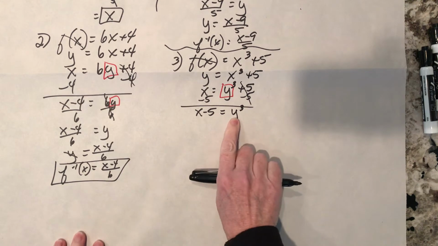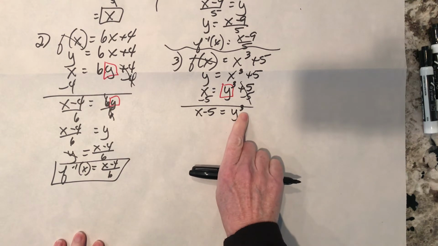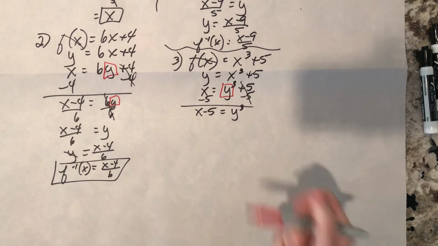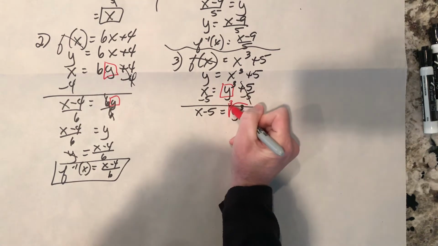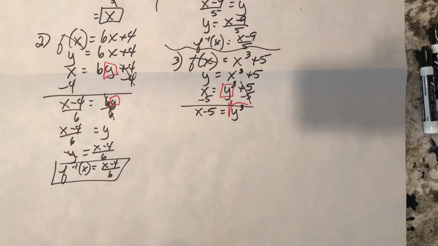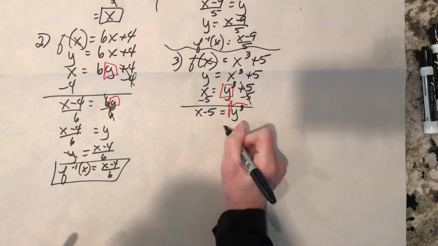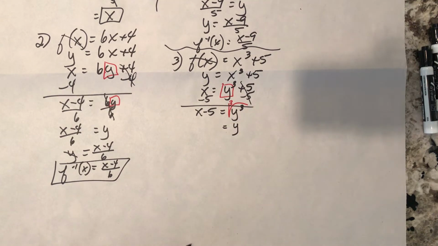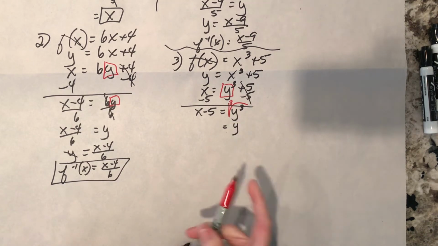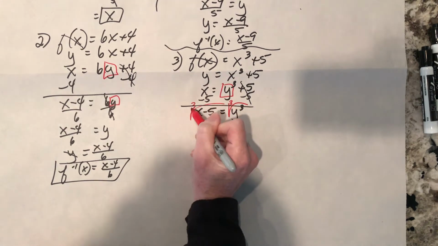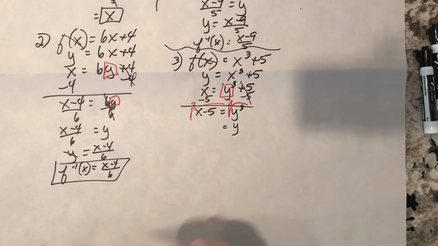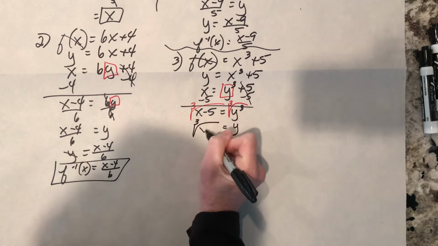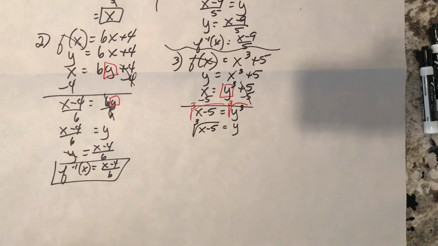And then if we want to solve for y, this is being cubed, we need to take the cube root. That'll give us y. If we take the cube root of one side, we need to take the cube root of both sides. So we end up with the cube root of x minus 5.